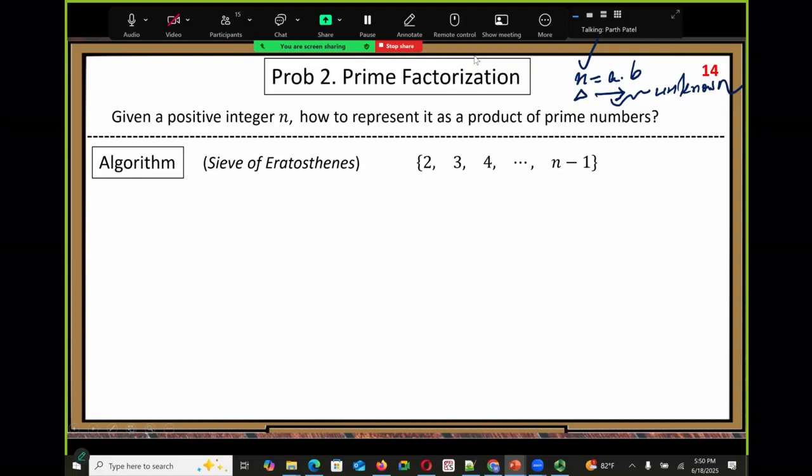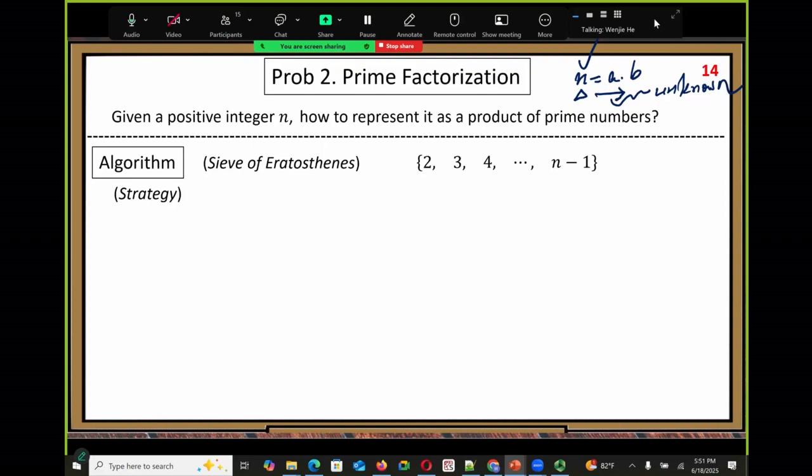Let me try. This time it works. Before, when I did some action, my remote control was disabled. All right, we can continue.